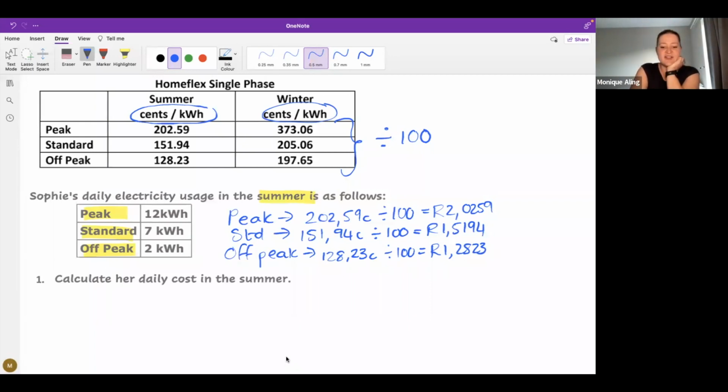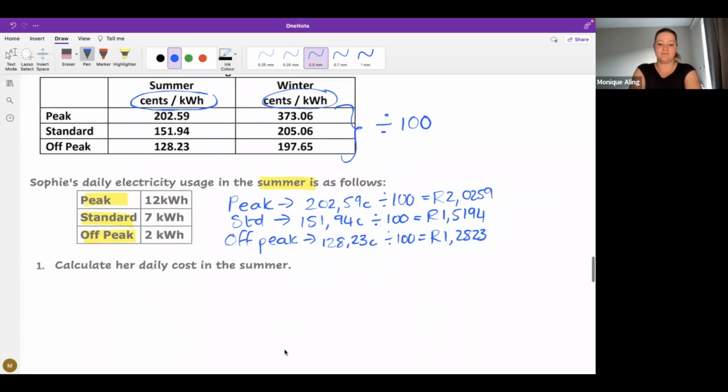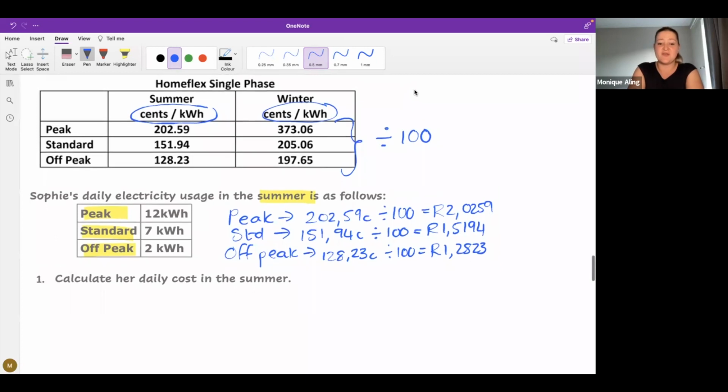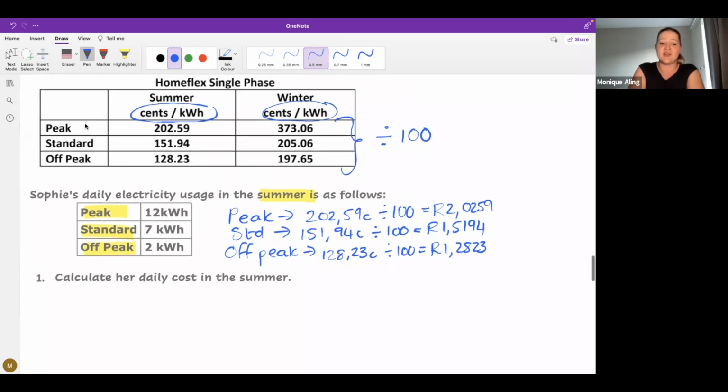Okay, if anyone's got the answer, you can put it in the chat for us. Okay, so with regards to the explanation, we literally just read through this table and we saw that you get 3 different charges for peak time, standard time, off-peak time, and you get charges for summer specifically and winter specifically.